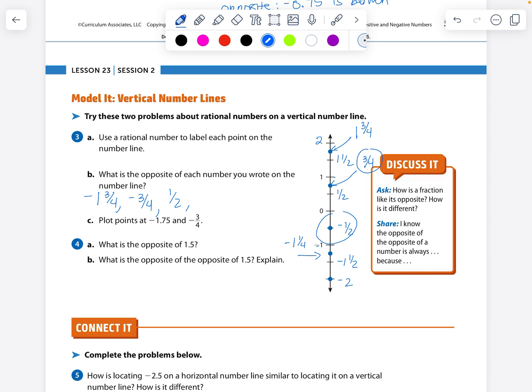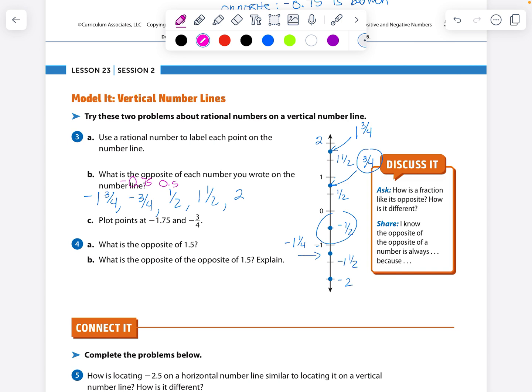The opposite of -1.5 would be a +1.5. And the opposite of -2 would be +2. Okay. Also trying to think flexibly and remember that 1/2 is also the same as 0.5, or 3/4 would be the same as 0.75, a negative. Okay, so try to think flexibly there.